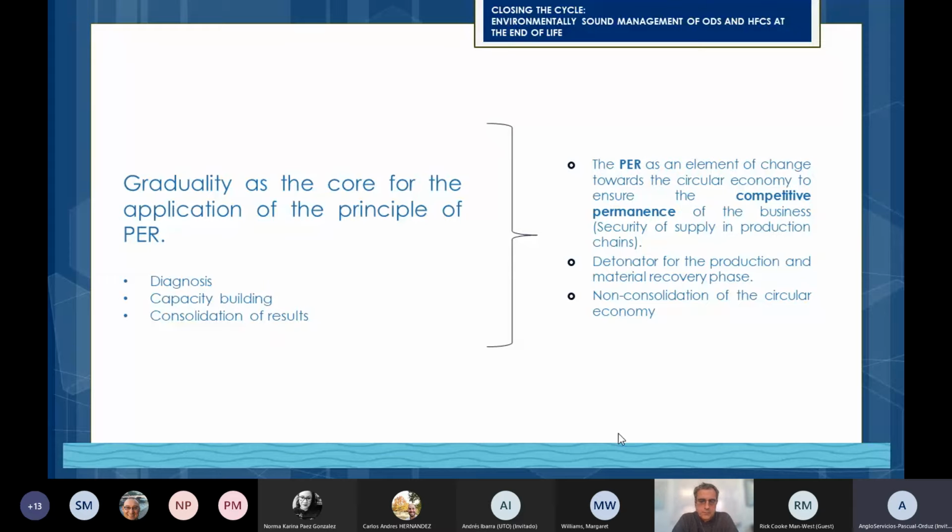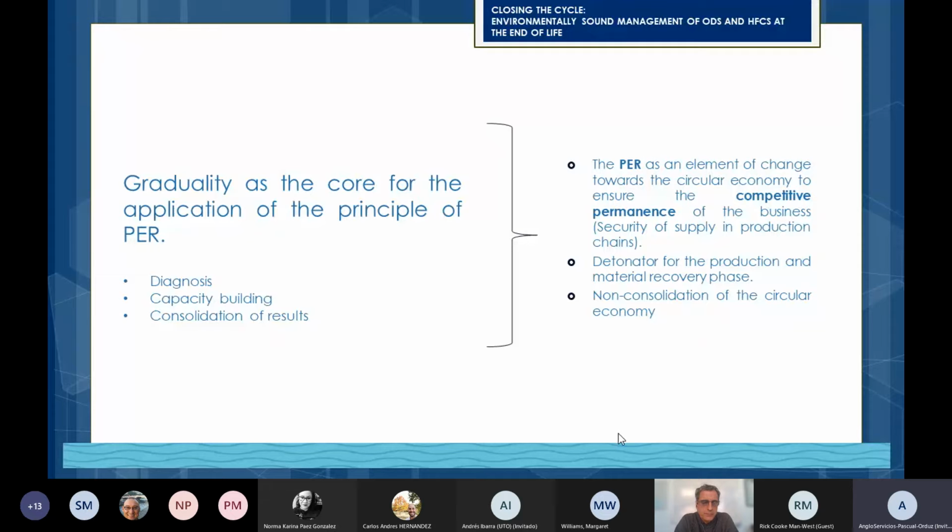That will allow us to know the current status, the current condition of each region or country. For example, statistics, the number of products possibly to be recovered. Also the regulation, the installed capacity, the infrastructure that is present, everything related to this.